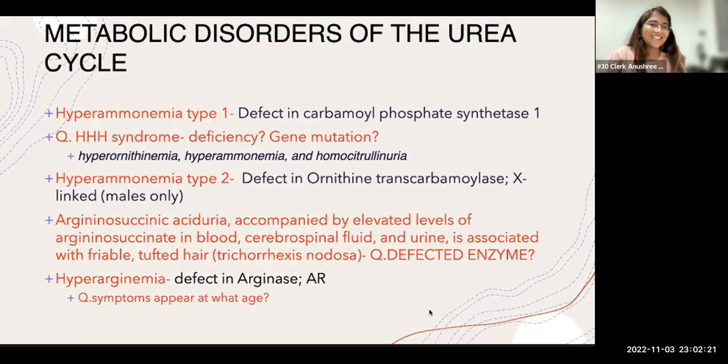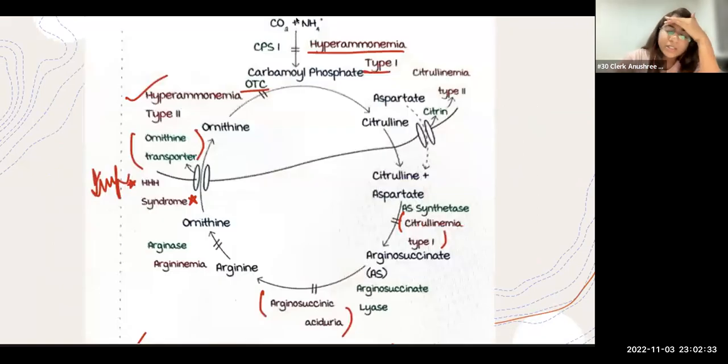Okay, next, the most interesting one. Why is there homocitrullinuria? Okay, I'll explain this one. Since there is a buildup of carbamyl phosphate, and there is lysine present in the mitochondria, when carbamyl phosphate has no ornithine to combine with, it combines with lysine to form a product called homocitrulline.